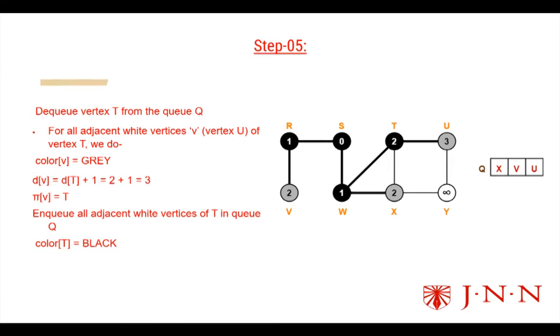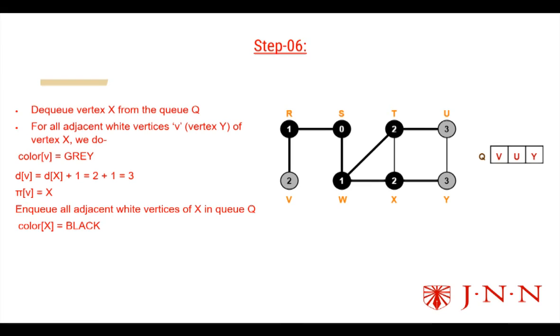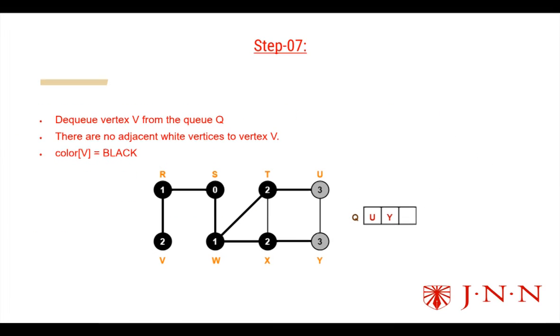In step 5, next it is going to process the vertex X, with V and U. Once the ancestors of the respective node have been detected, those respective nodes turn from gray to black color. This is the way all the nodes get processed, until all the nodes have turned from white color to gray to black color.